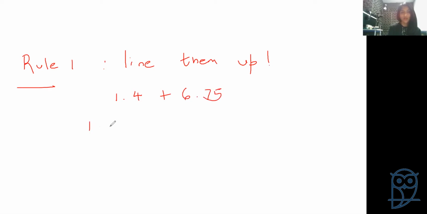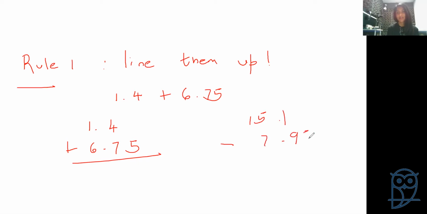So I'll say 1.4 plus 6.75. Can you see how the decimals are falling, or how the numbers are falling under each other? 15.1 minus 7.95. So rule number 1, line them up. Make sure your numbers are aligned. Rule number 2.